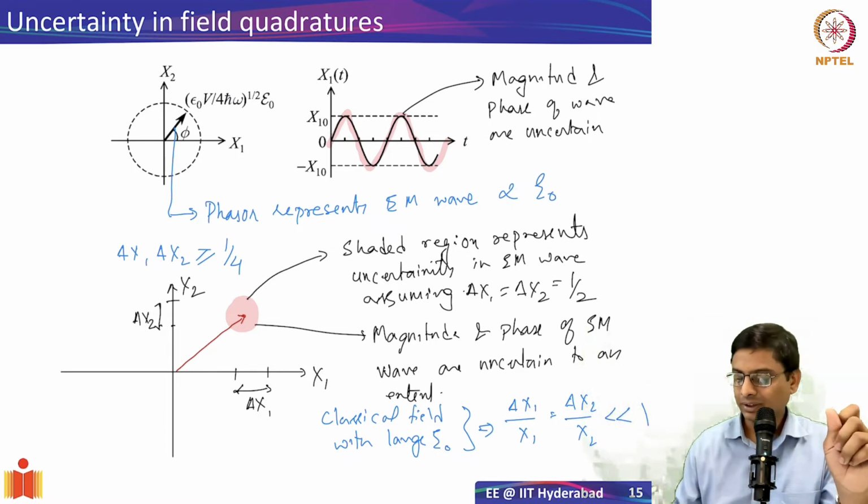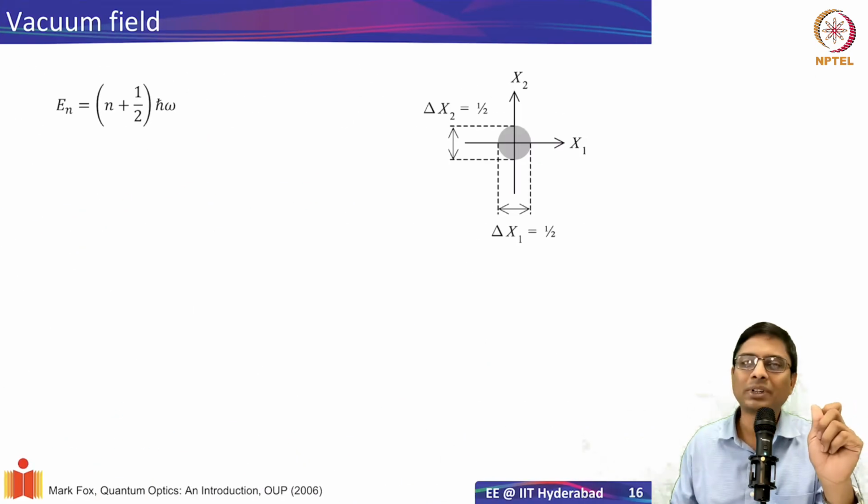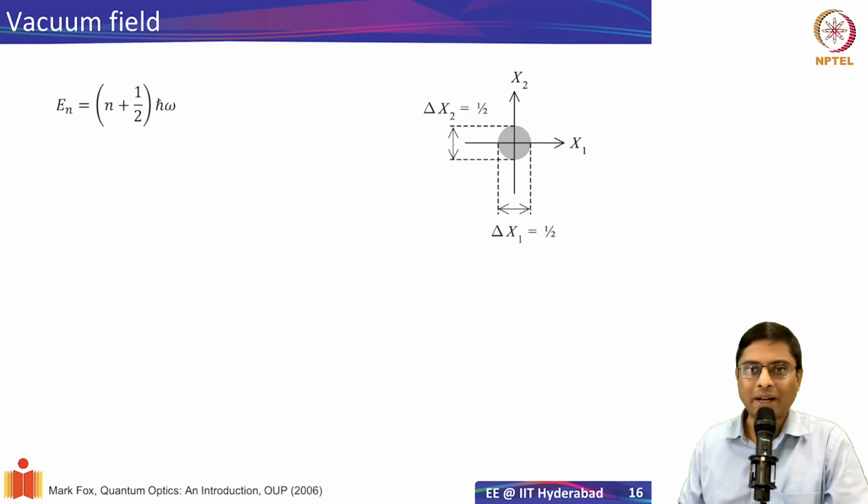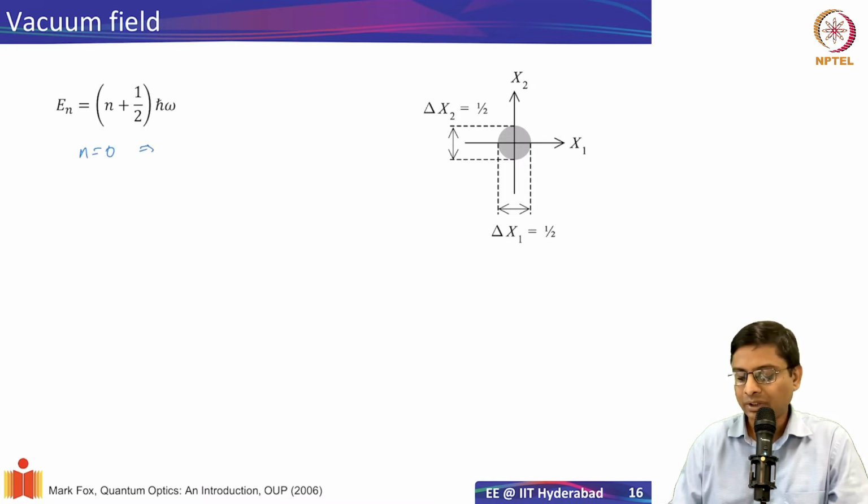All right. One of the very important implications of this is what is known as the vacuum field. I've shown you the energy eigenvalues in the past, but now let's consider what happens with n equal to 0. When n equals 0, my E is equal to half h cross omega.